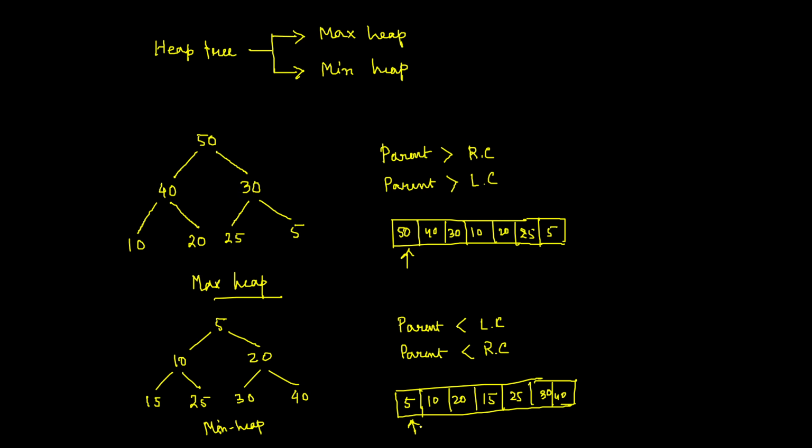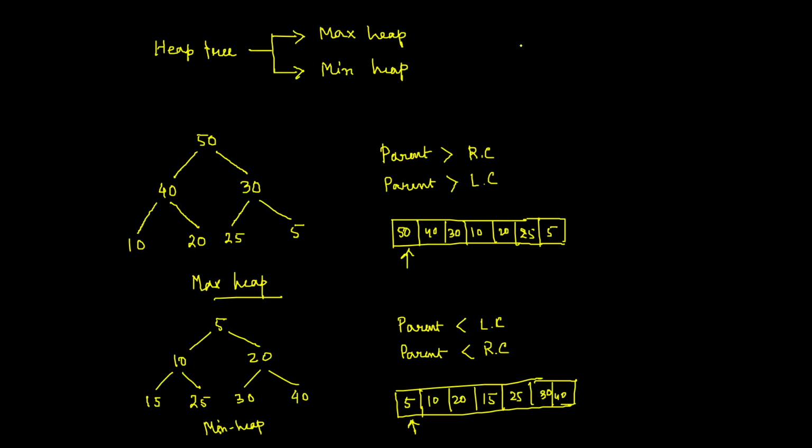But before that, we have to understand one more thing, that is the insert operation, for example on maxheap. If you understand the insert operation of maxheap, I hope the insert operation for a minheap also will be clear to you.